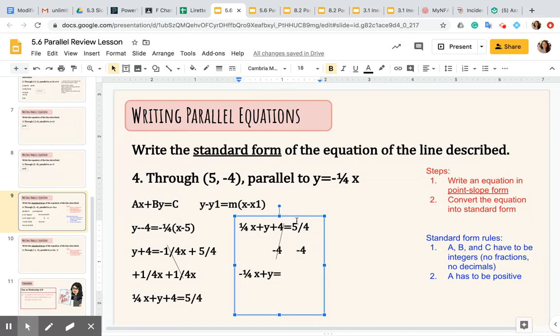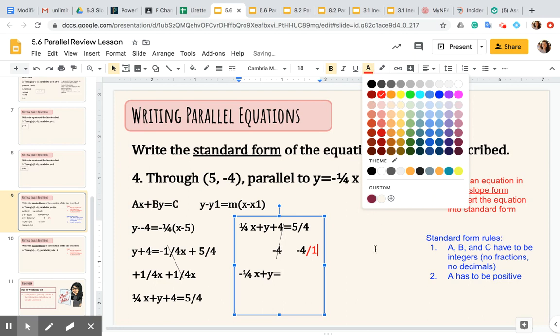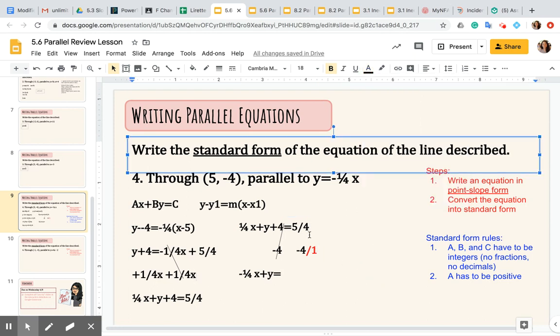So in order to do that, again, you can use a calculator if you're really good at using a calculator and working with fractions, or you may want to take out a piece of paper and work it out there. In order to add and subtract these two fractions, they have to have the same denominator. Well, my negative 4 currently has a denominator of 1. They don't have the same denominator.